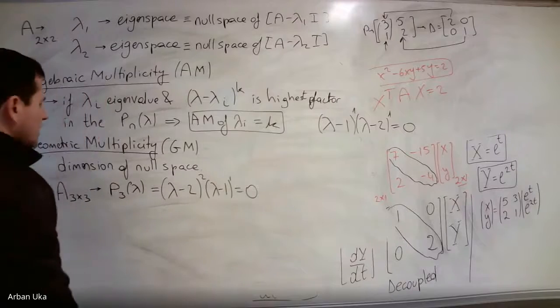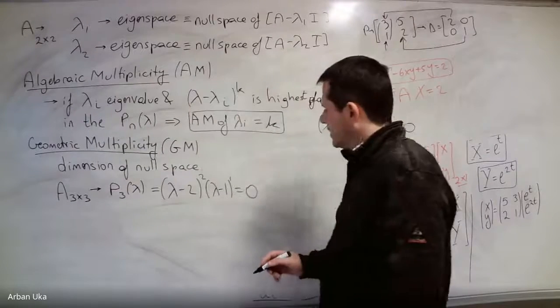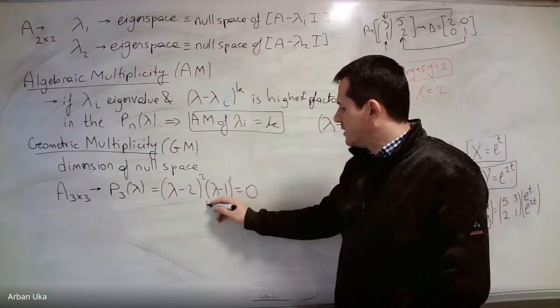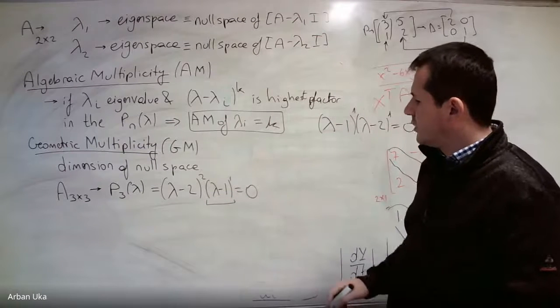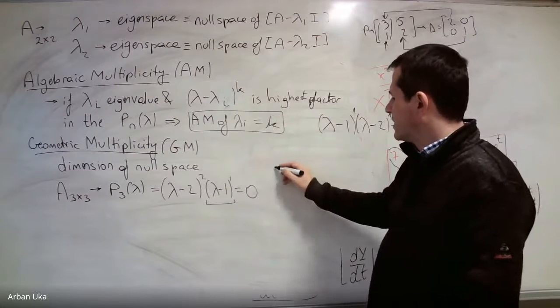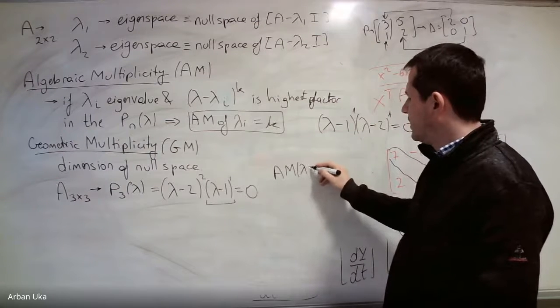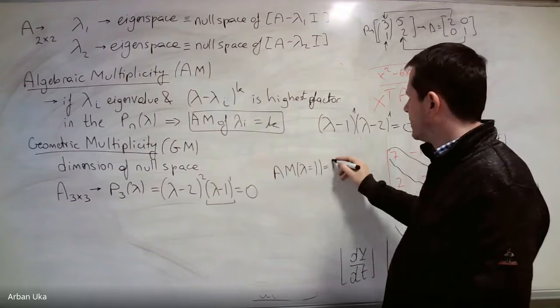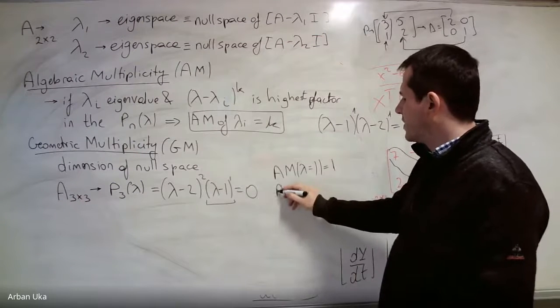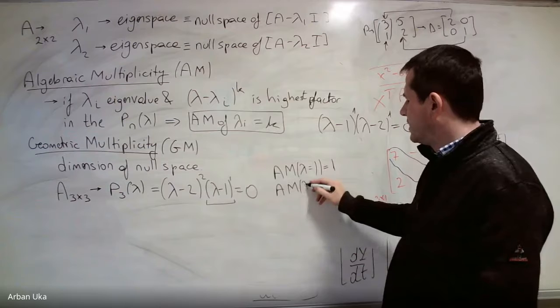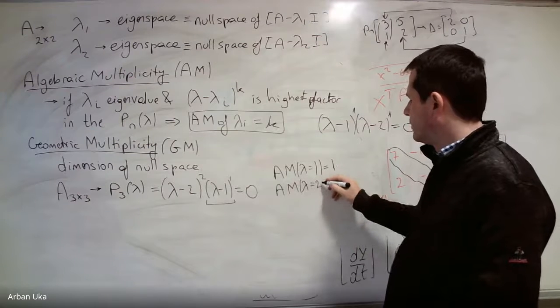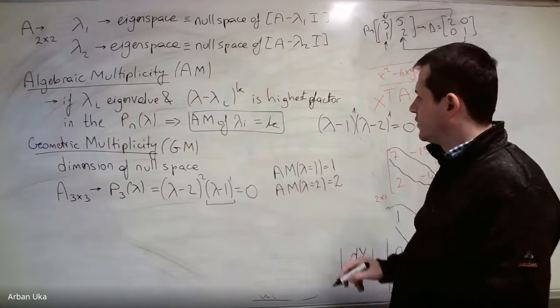So then what can happen in this case is the following. What is the algebraic multiplicity of 1? We can say that the algebraic multiplicity of lambda equal to 1 is equal to 1. Then the algebraic multiplicity of lambda equal to 2 is equal to 2. Why?